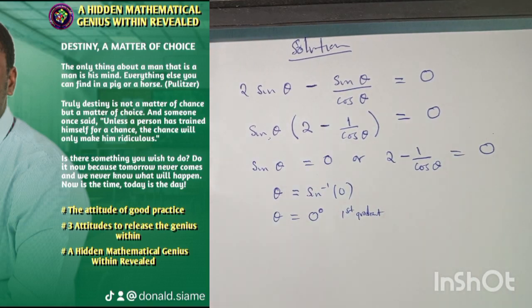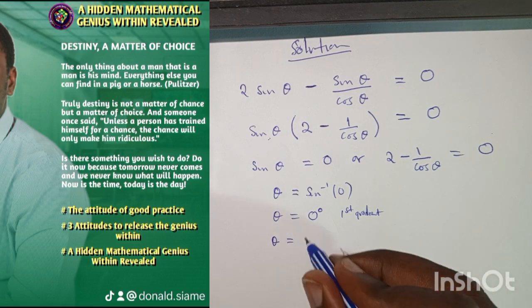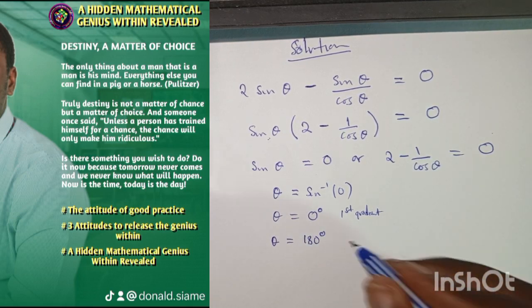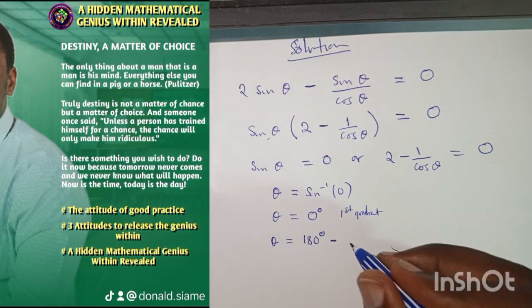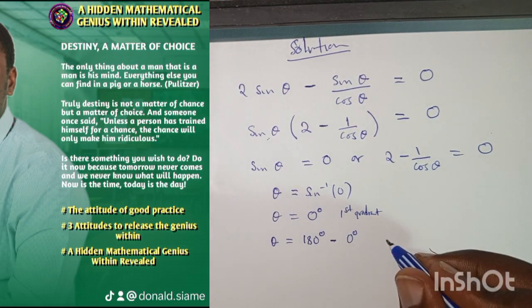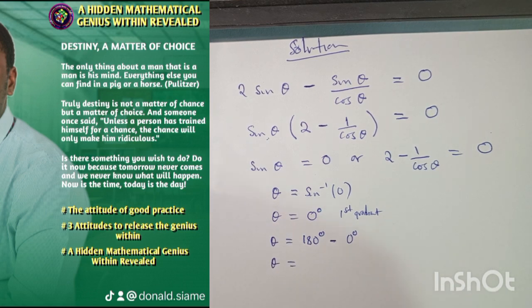So theta is equal to 180 degrees minus 0 degrees, which is 180 degrees. Okay, so we are done with sine theta is equal to 0.